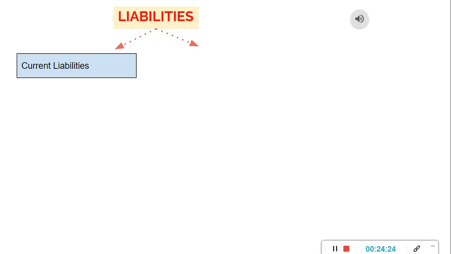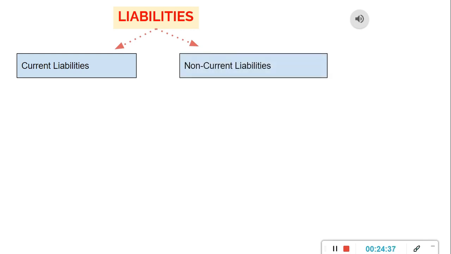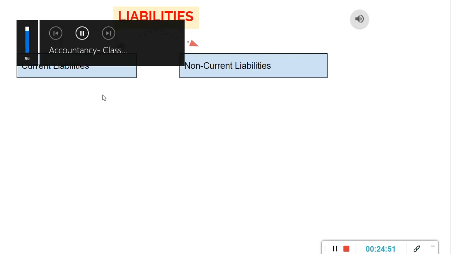And in return, the business is giving profit to the owner, right? So now we can see that liabilities are of two types. Some liabilities we have to clear within a short period, within 1 year. Some liabilities we complete over a long period of time, right?